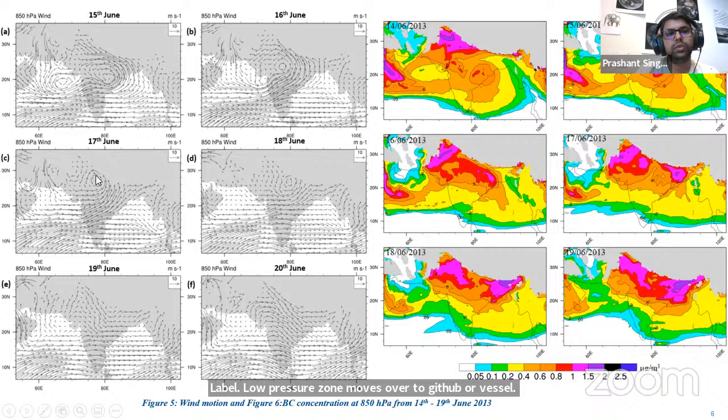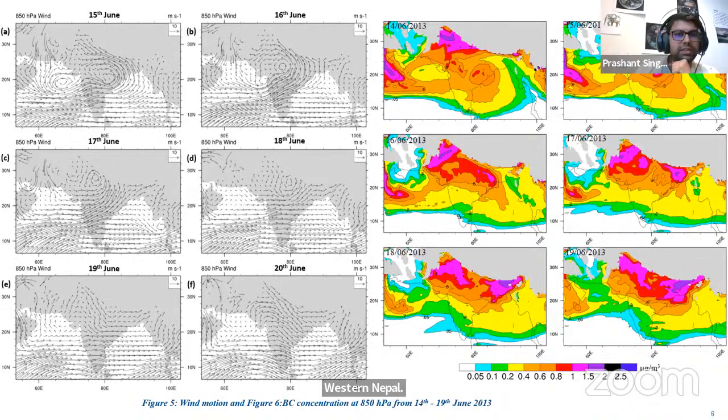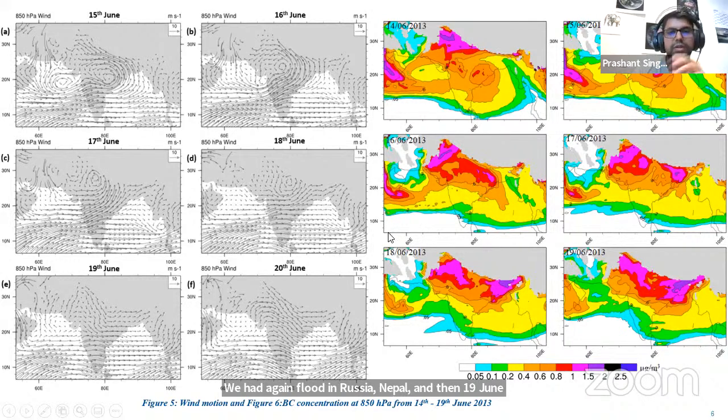And 17th June was the day when the flash flood came over Kedarnath, and that system moved over Western Nepal on 18th of June, where we again had a flood, and then on 19 and 20 June the system disappeared.